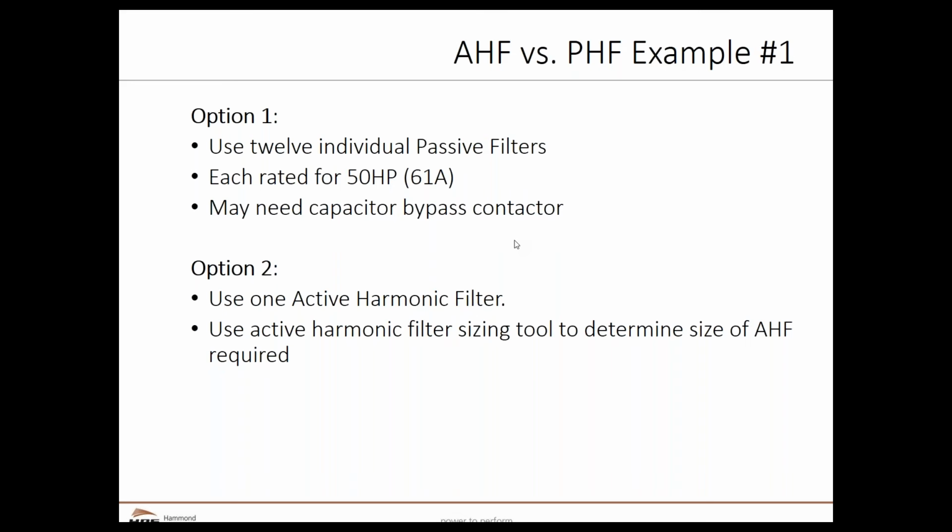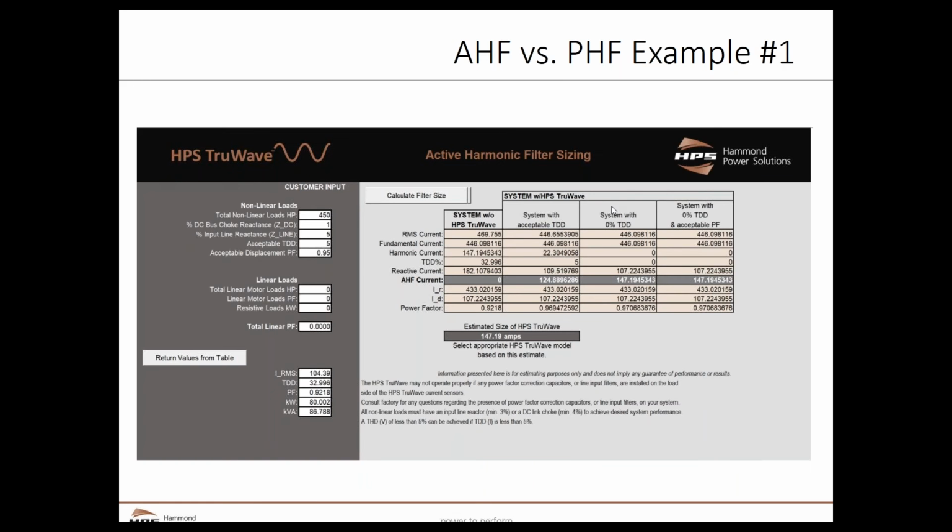We can use an Excel-based sizing tool to determine what the size of the AHF, active harmonic filter, should be. So this is a screenshot from an active harmonic filter sizing tool. You enter the total nonlinear load horsepower, which in this case is 450 horsepower, which is 9 times 50 horsepower, as well as the percent impedance of DC bus chokes or line reactors that are used with the VFDs.